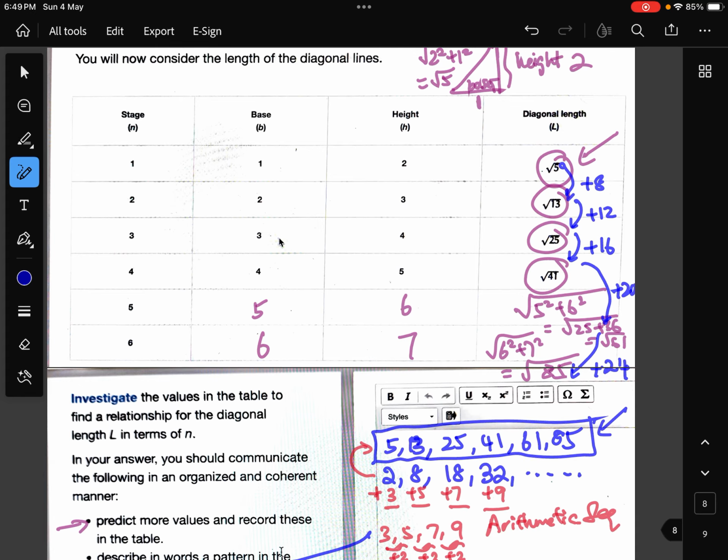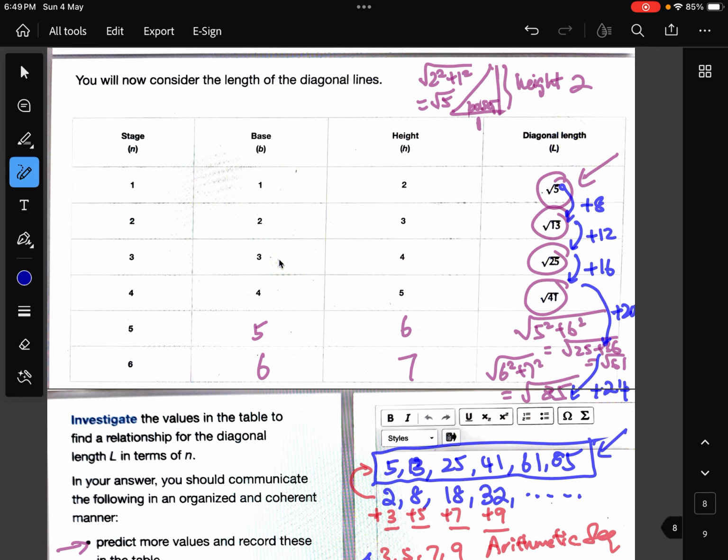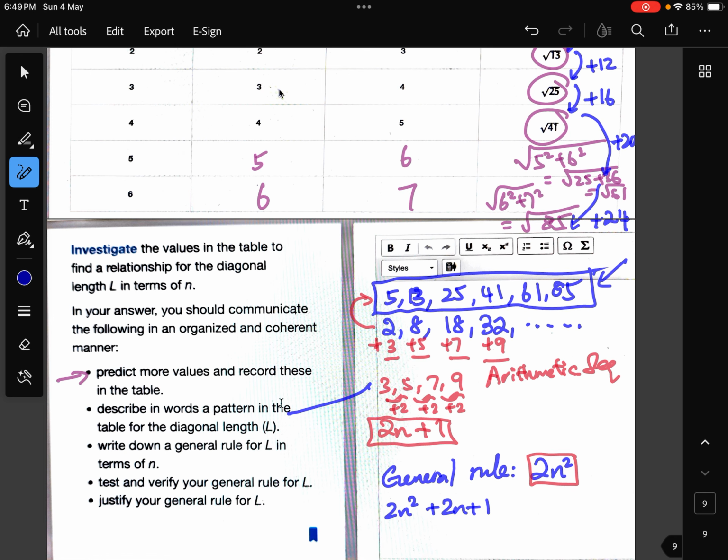But not forgetting that the diagonal lengths all came with a square root sign. So if we want to write the general rule of L in terms of n, then I have to do something like this, which is going to be the square root of 2n squared plus 2n plus 1. And there we go. We just got the general rule for the diagonal length.